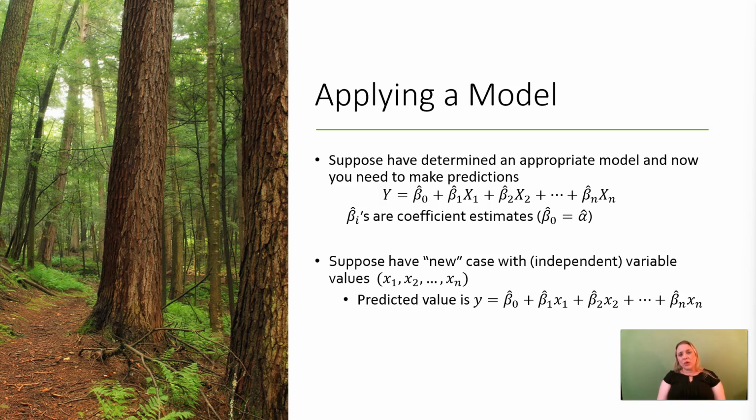So going back to our Redwood data, if we're applying our model, remember we have our appropriate predictor variables here, but let's say we add a new case with new values, so we can make our prediction.